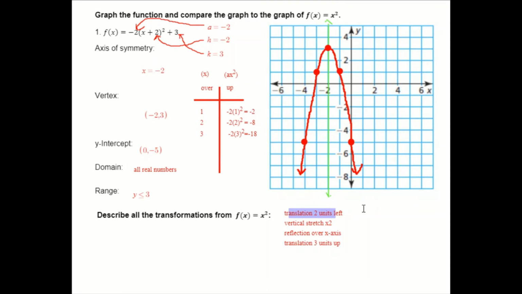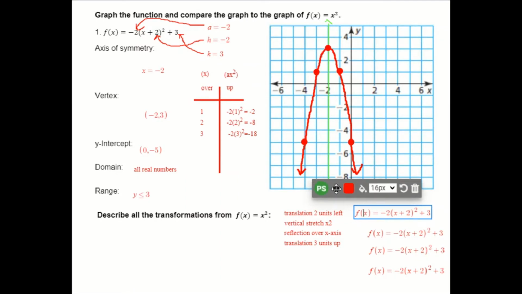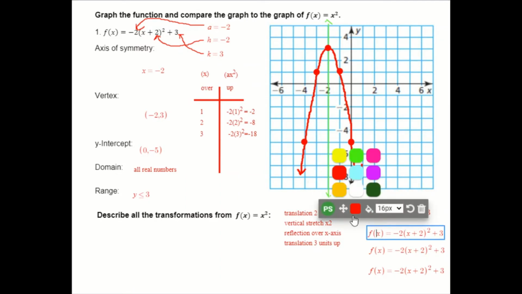I think what I'm going to do here is I'm going to write out the equation here and just highlight what is causing each transformation, just to make it really clear. Okay, so I'm going to just copy this 4 times here, so I can highlight for each one of these transformations what is actually causing that.